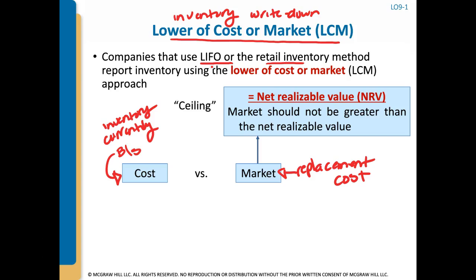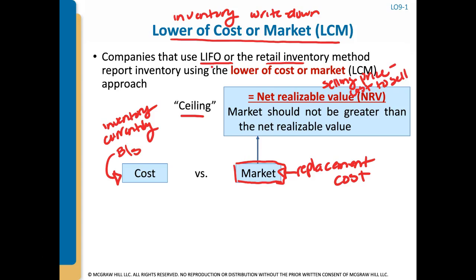That's my replacement cost. However, you can't just look at the replacement cost. The replacement cost cannot be above a certain ceiling, and that ceiling is the net realizable value. So remember, the net realizable value is the selling price minus the cost you incur to sell, right?